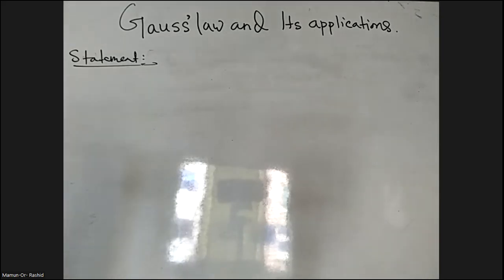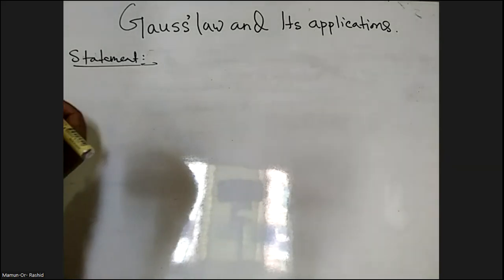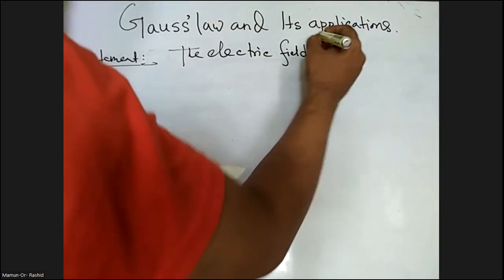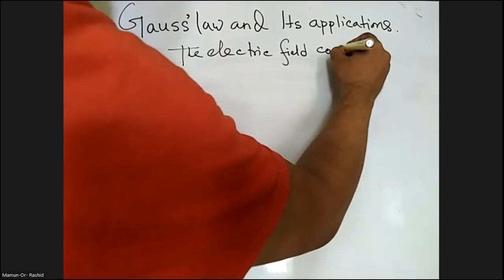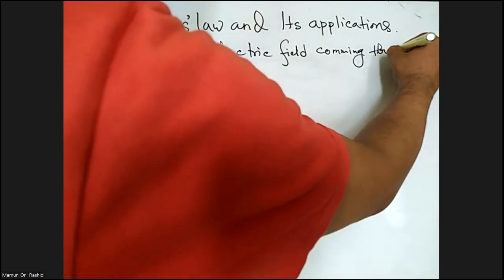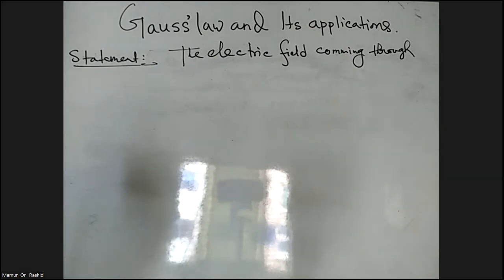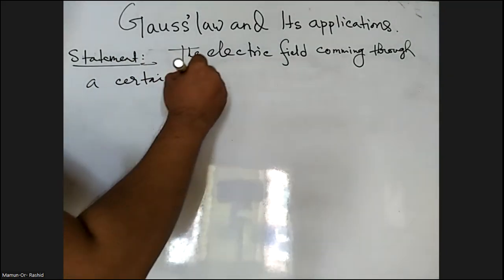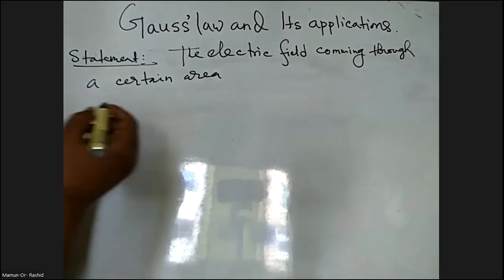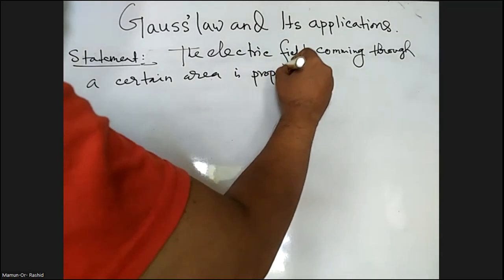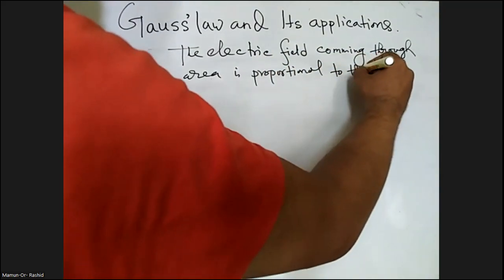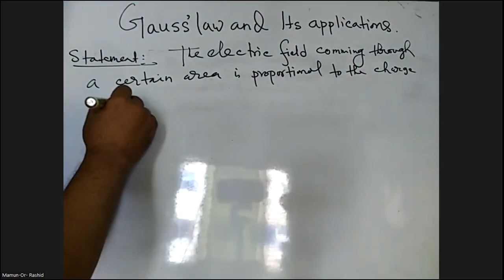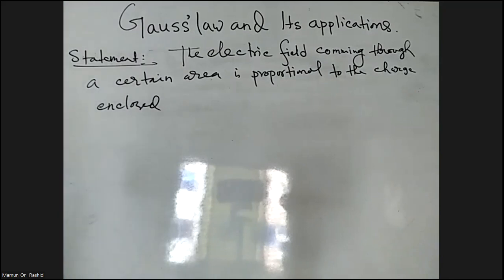The statement of Gauss's law: the electric field coming through a certain area is proportional to the charge enclosed.